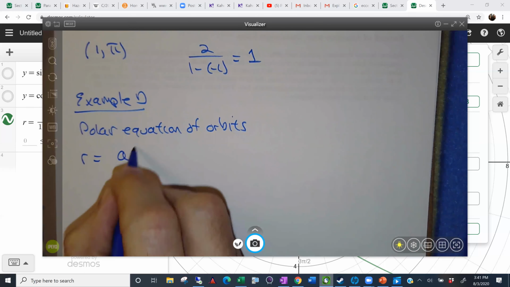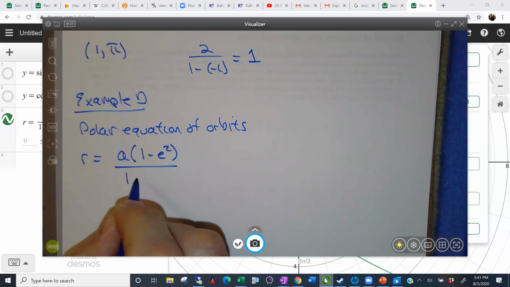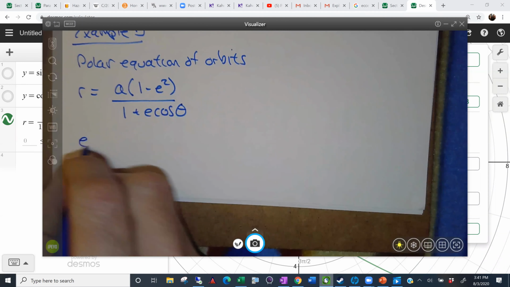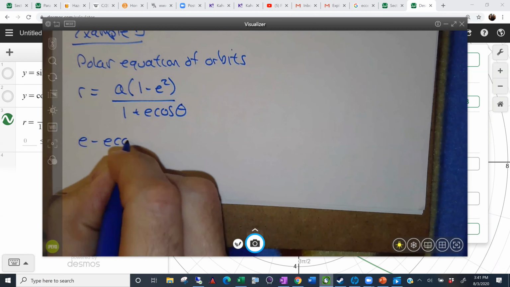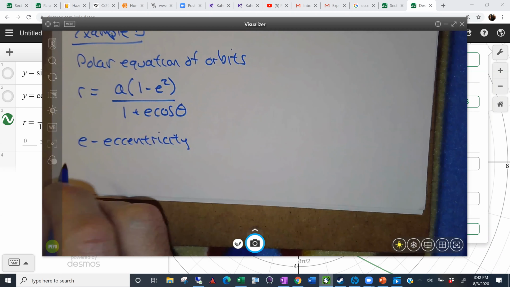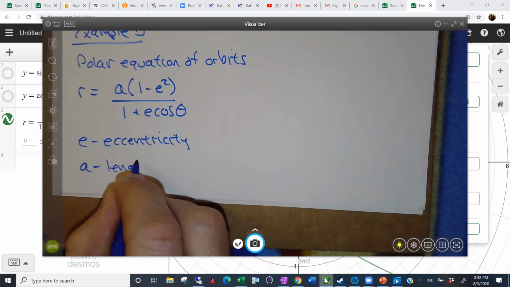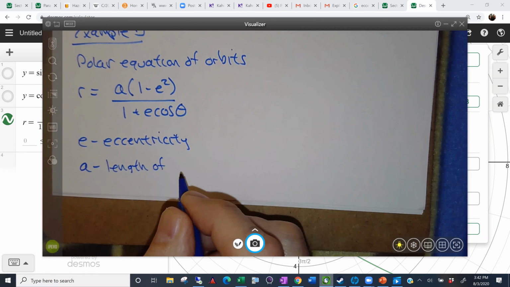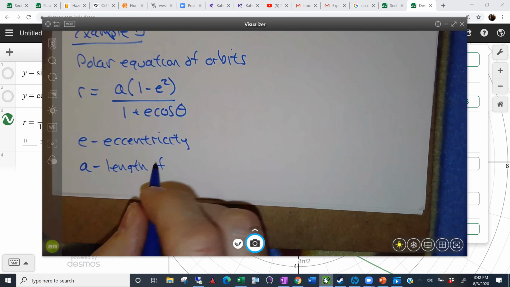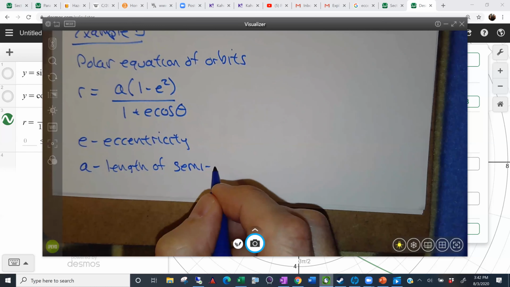R equals A times 1 minus E squared over 1 plus E cosine of theta. Now E is going to be the eccentricity, and A is going to be the length of the semi-major axis.